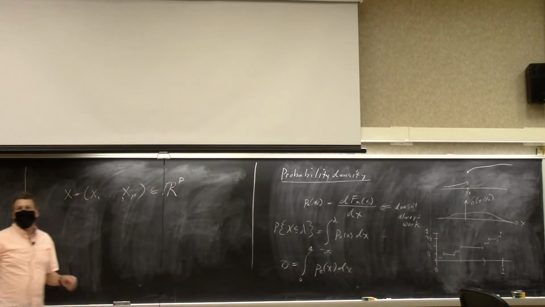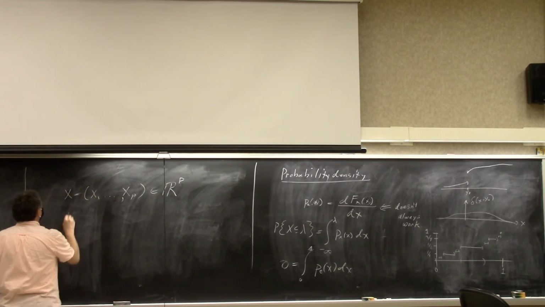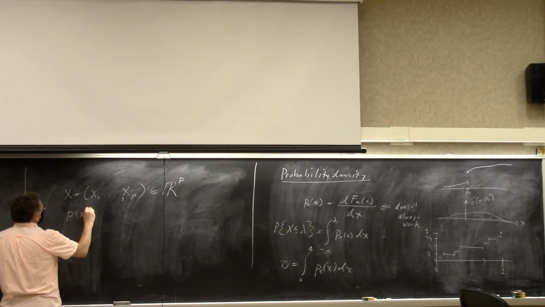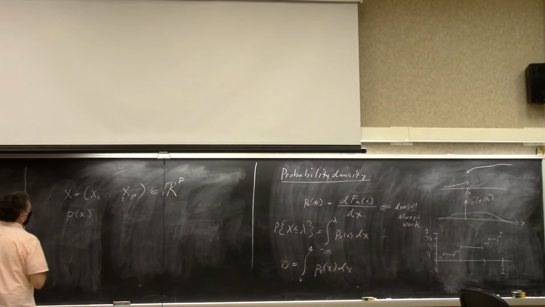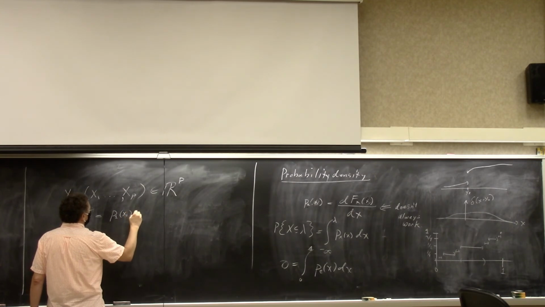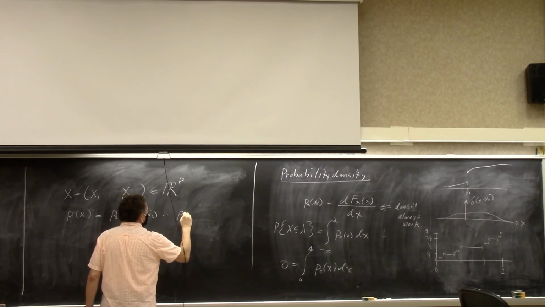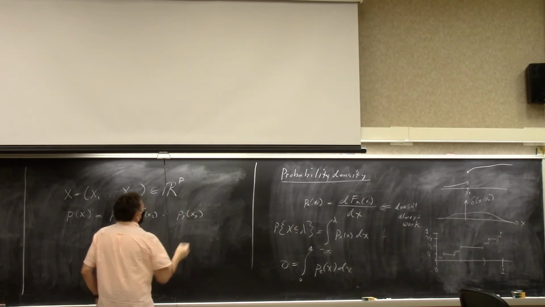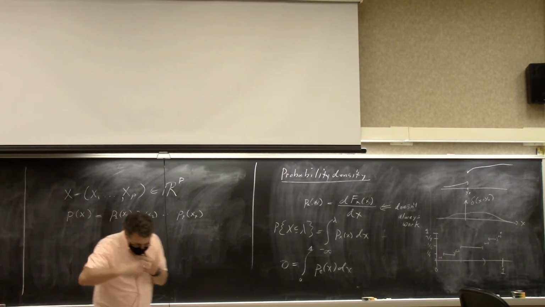It's a random variable, but it takes values in the set R to the p. The probability density of x is the multidimensional derivative of the cumulative distribution function. I'll let you read about it here. And if the probability density is equal to p1 of x1 times p2 of x2 through p of xp, then these are independent random variables. I'll let you read about it, okay?